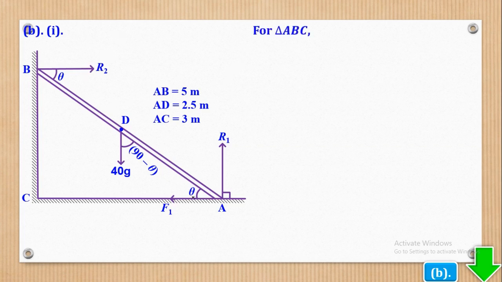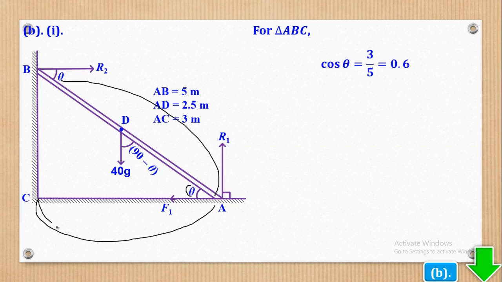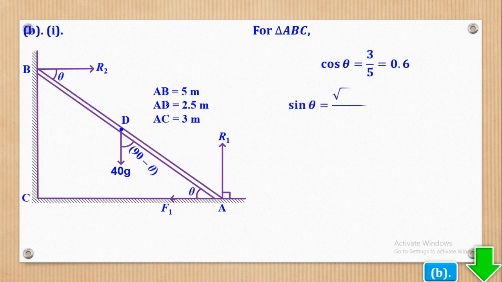So now we have to get this angle. For triangle ABC, we shall realize that cos theta is equal to 3 over 5, because cos is adjacent over hypotenuse. The adjacent is BC, which is 3, and the hypotenuse is AB, which is 5. But when it comes to sine, it is opposite over hypotenuse.